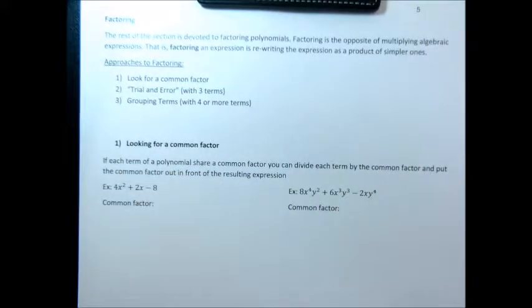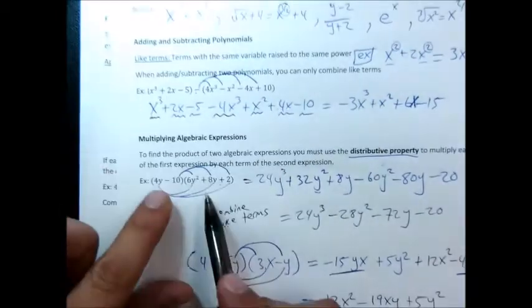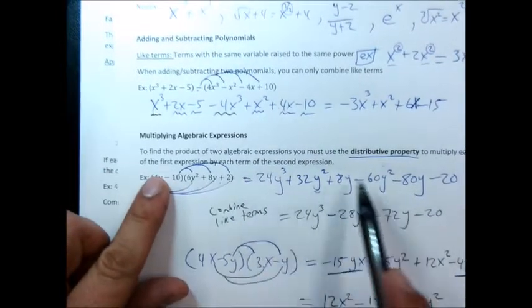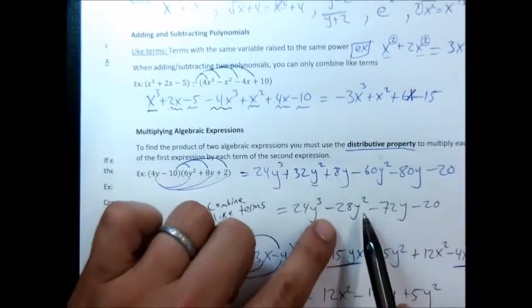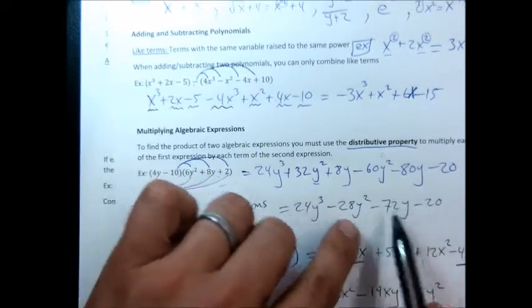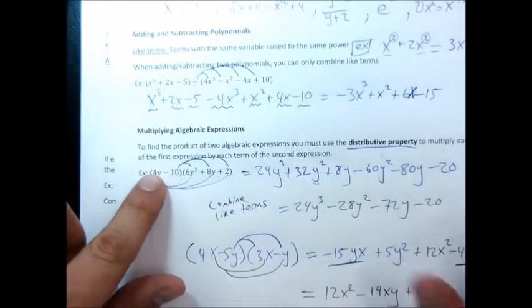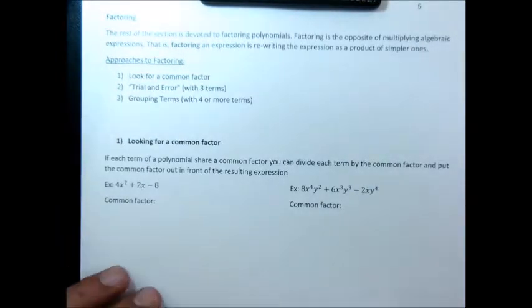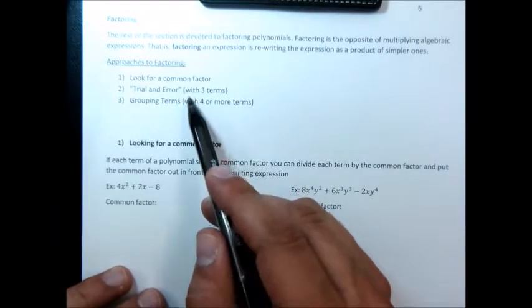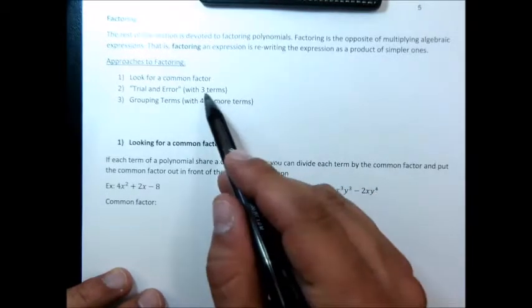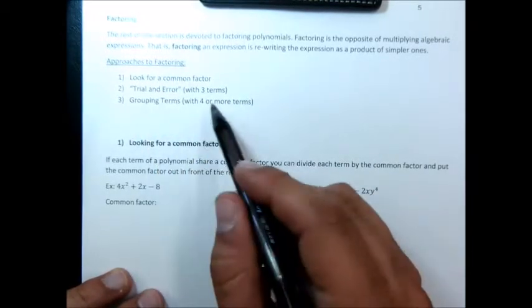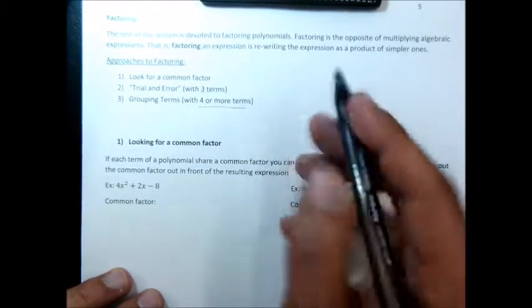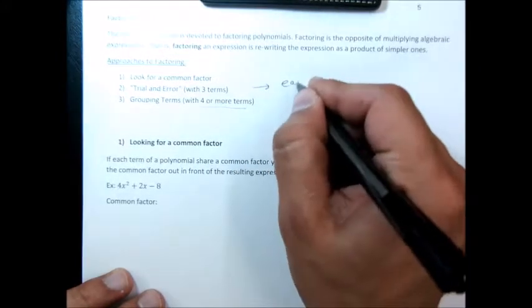So unlike the last page, we took something that was factored and we multiplied it out into this. Now what we're talking about doing is starting with something like this and going backwards and factoring it, right? So it's the opposite of what we just did. And we'll talk about these 3 methods. Looking for a common factor, trial and error, usually works with 3 terms, and then grouping terms. You usually do that with 4 or more. And so each will be discussed on the pages that follow.